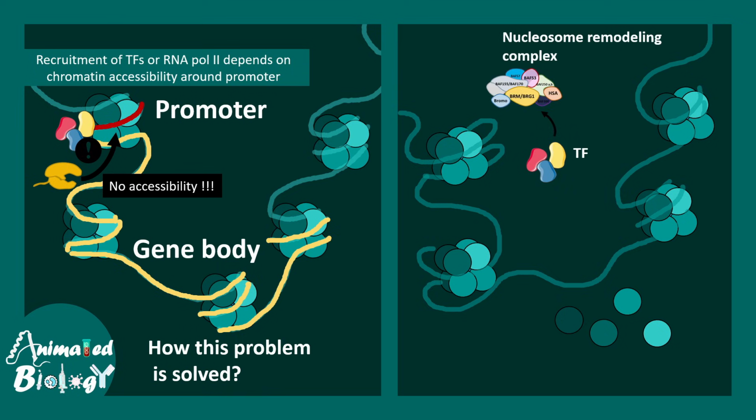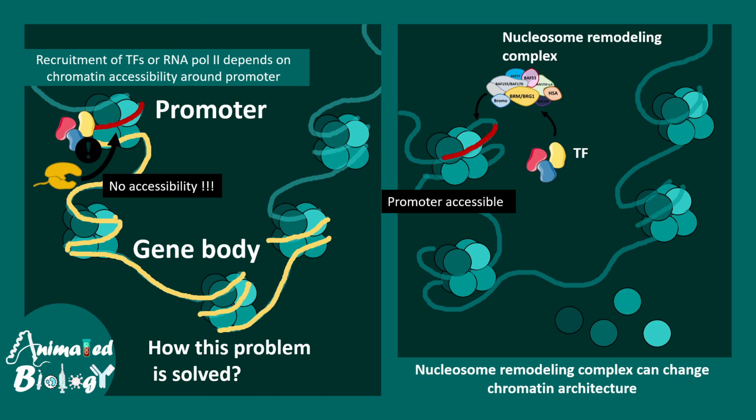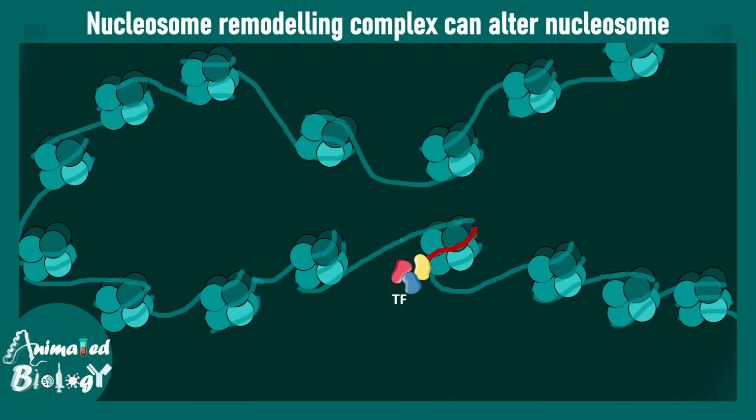That is done by nucleosome remodeling complexes that can literally slide the nucleosome or make the nucleosome tight or loose with the help of a huge multi-molecular complex. So it can make promoters accessible, it can slide the nucleosome or even kick out components of the nucleosome.